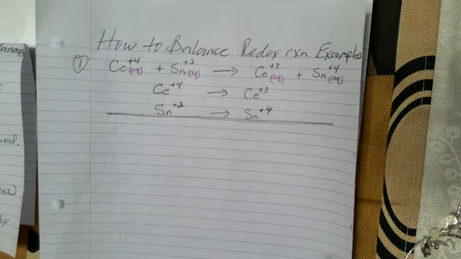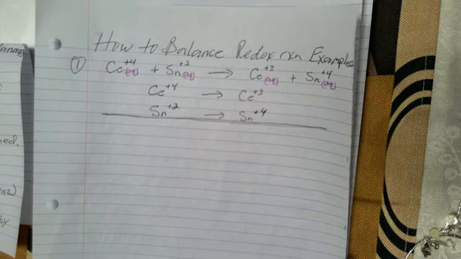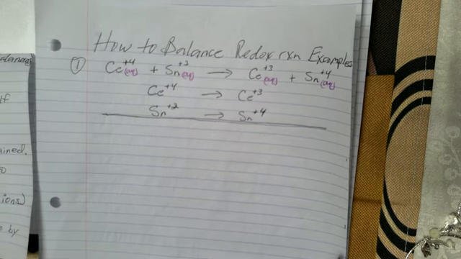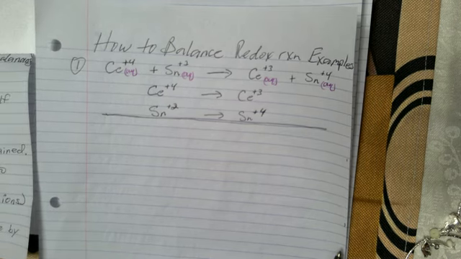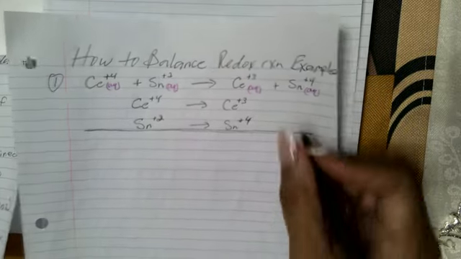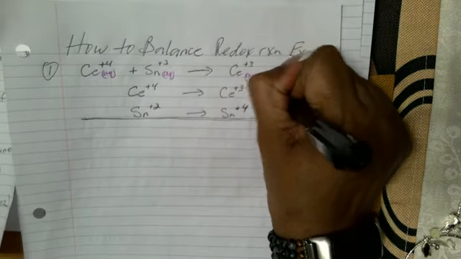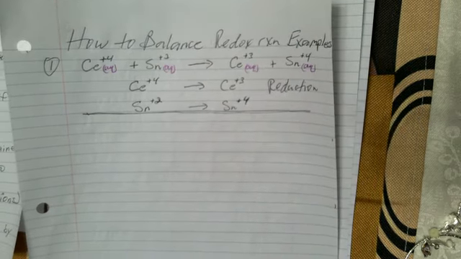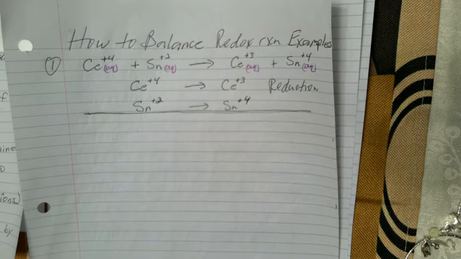This is getting more negative. So if it's getting more negative, that means it's gaining electrons. And we know that gaining electrons is what? That's right, reduction. So this part right here is my reduction half. And we know the reduction half contains the oxidizing agent.